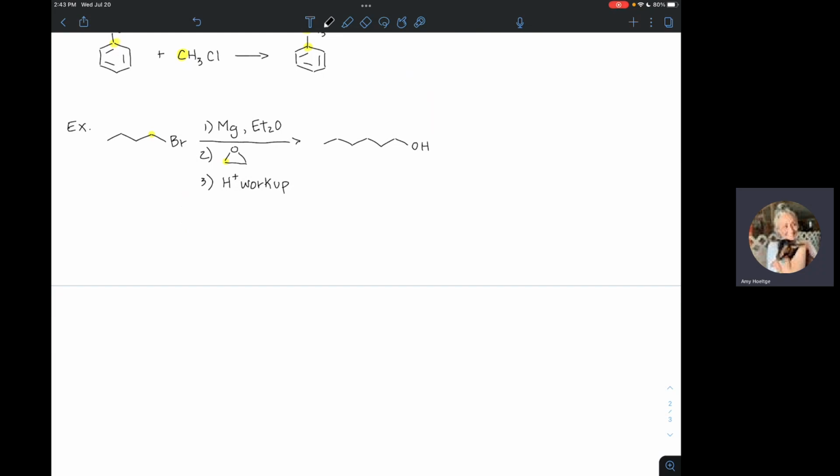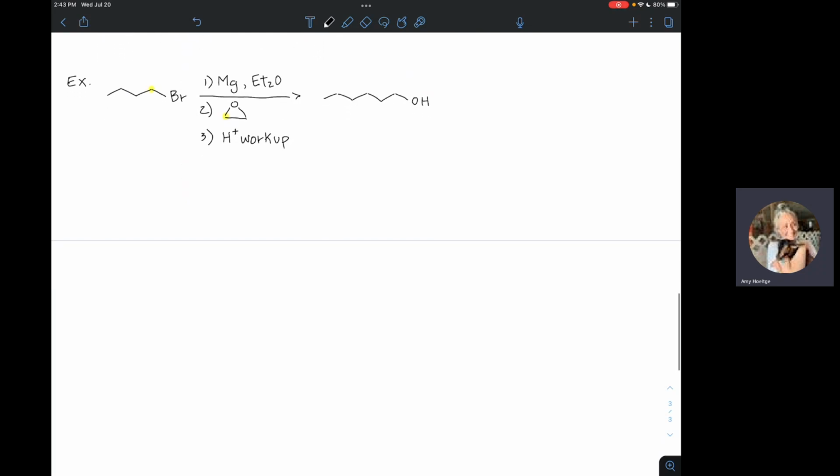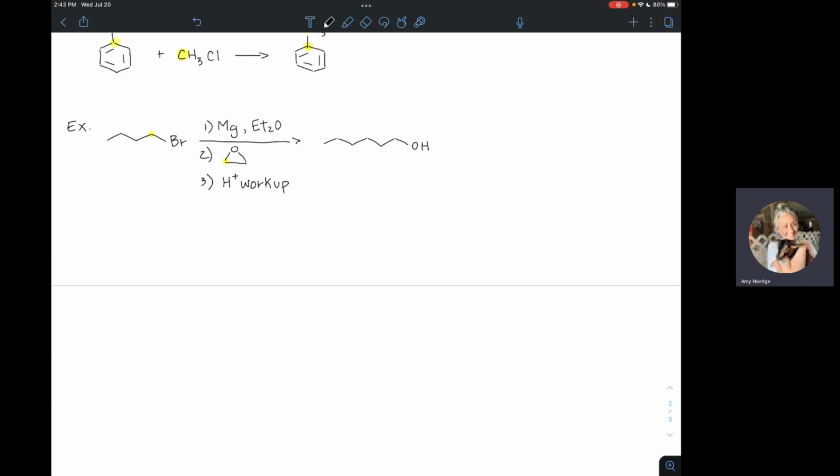So I'm going to show you how a reaction like this could happen in the next section when we cover epoxides. So we're going to create the Grignard reagent. Your Grignard reagent will have that carbon coordinated with the magnesium, which will have bromine on the other side, right?